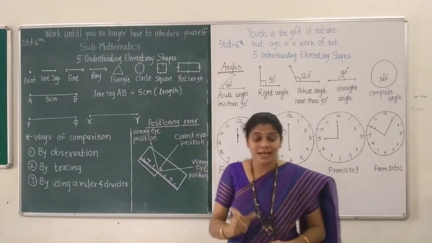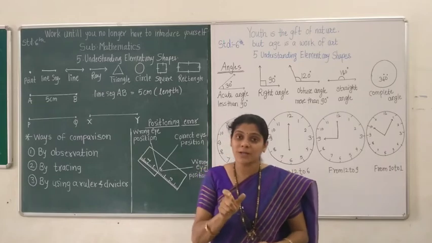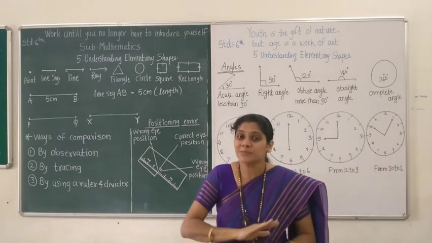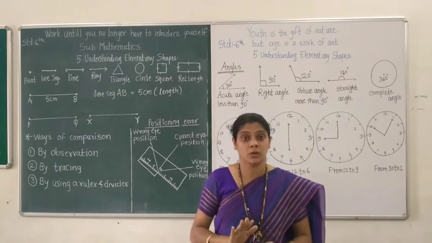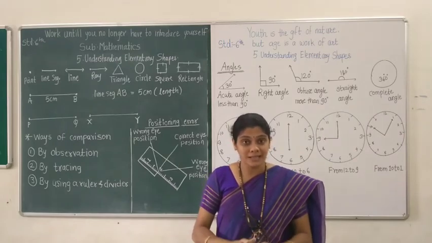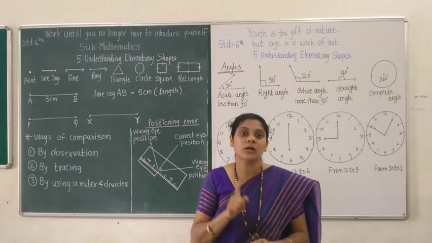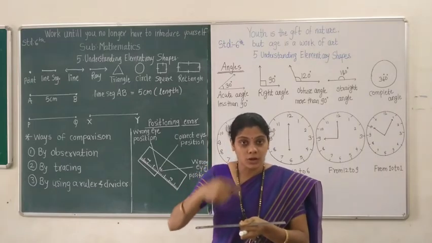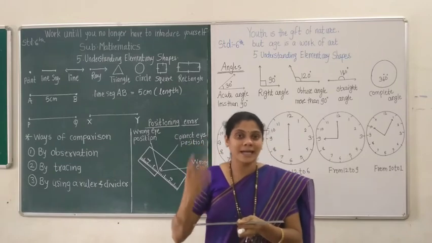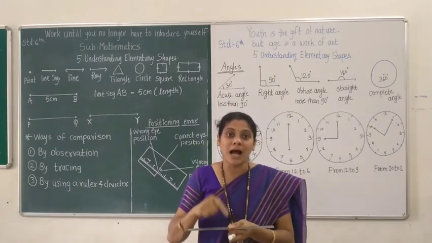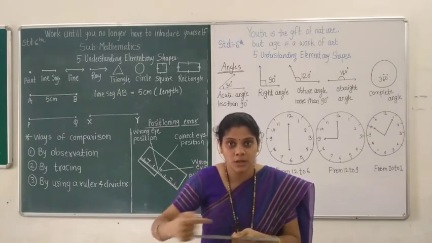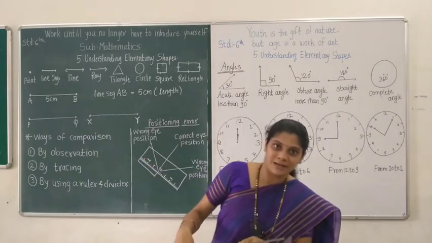So while drawing shapes with the correct measurement, we have to keep our correct eye position. It is the most important point. Always remember that you have to take your correct eye position. And what is the correct eye position? While drawing or considering any shape, you have to keep your eye position above, straight, not from the right hand side or left hand side.